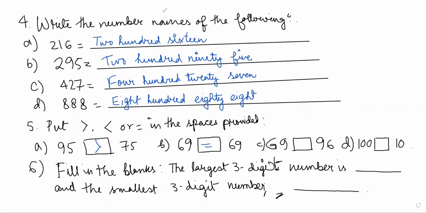Greater than, equal to, less than, greater than. The greatest three-digit number is 999 and the smallest is 100. Okay, up to this I hope everything is clear.